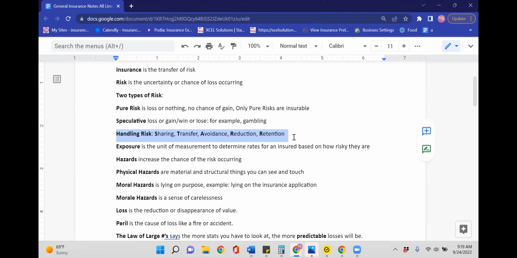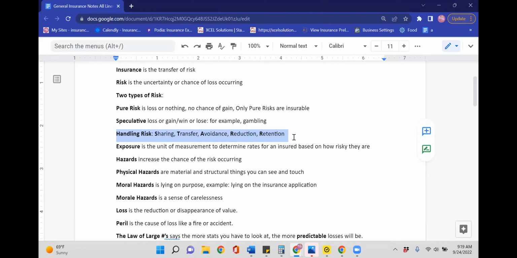It's not in everyone's materials. I teach to the main stuff, but every state could be a little bit different. So this may or may not be in your materials, but either way, it's good to know to help you understand. There are many ways of handling risk. Insurance is just one way, and insurance is transferring. You transfer the risk. But you can do other things.